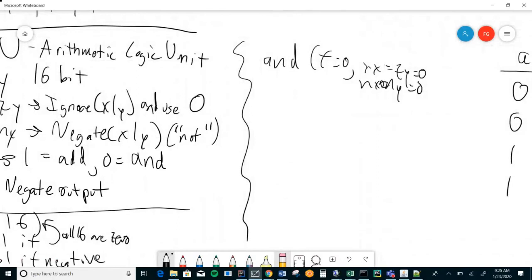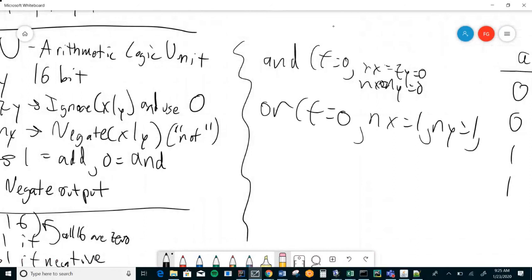So coming back here, I can see that if I want to do an OR, I set f to 0, I set nx to 1, ny to 1, no to 1, and of course zx and zy are both still at 0. I'm not zeroing anything.